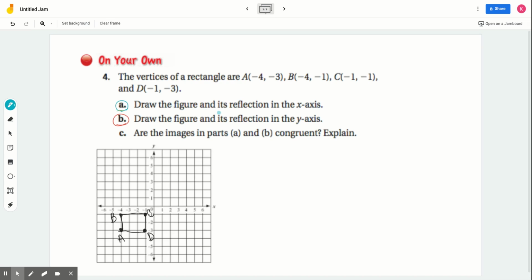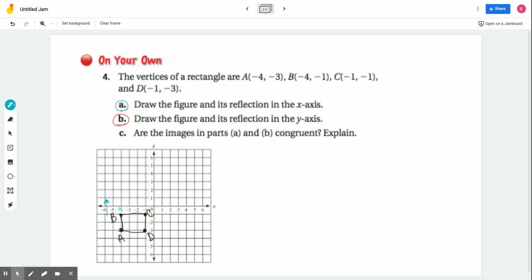A says draw the figure and its reflection in the x-axis. So when we are reflecting in the x-axis, it tells us to reflect it across the x-axis. So we're going to flip or reflect it up. So here, we're going to start here. I would recommend starting closest to the axis line.